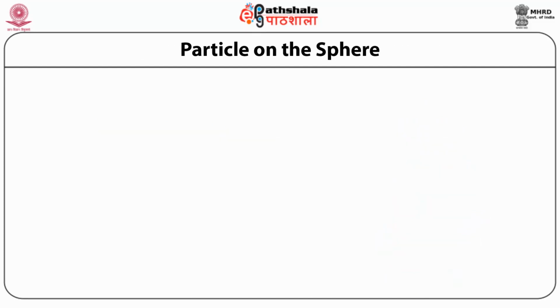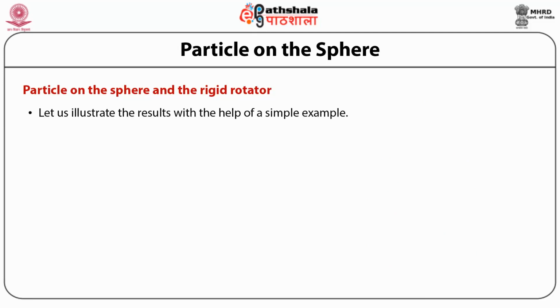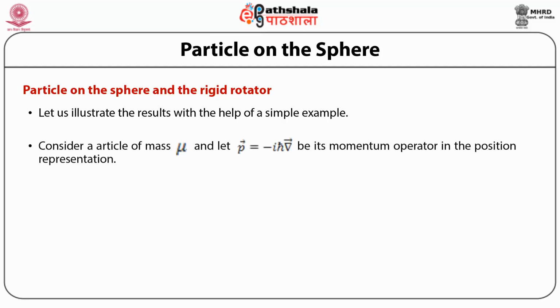We next move on to discuss the particle on the sphere and the rigid rotator. Let us illustrate the results with the help of a simple example. Consider a particle of mass μ and let the momentum P equal to −iħ∇ be its momentum operator in the position representation.